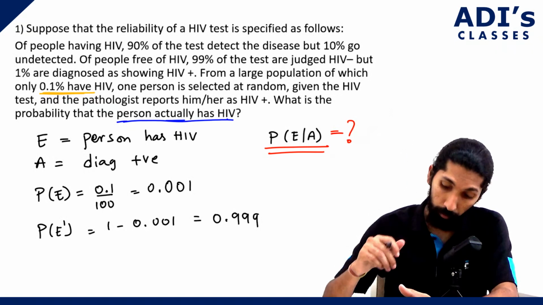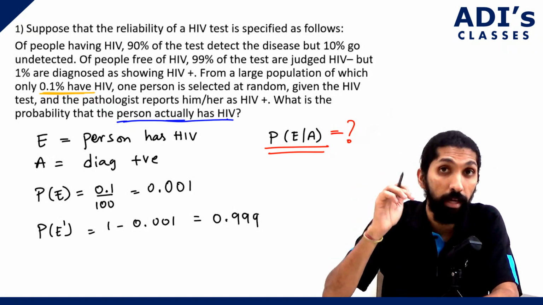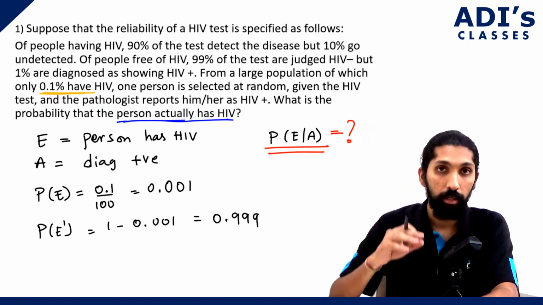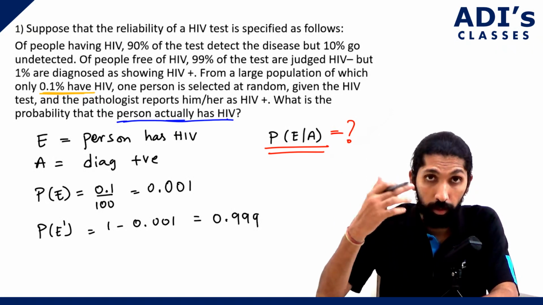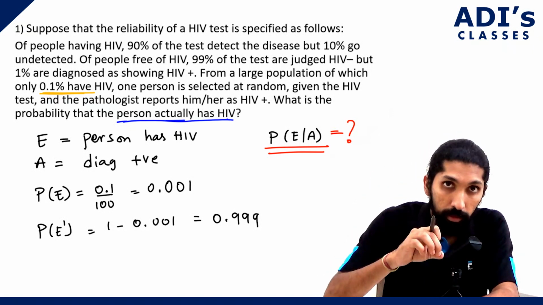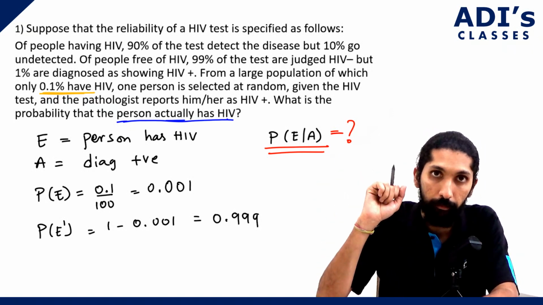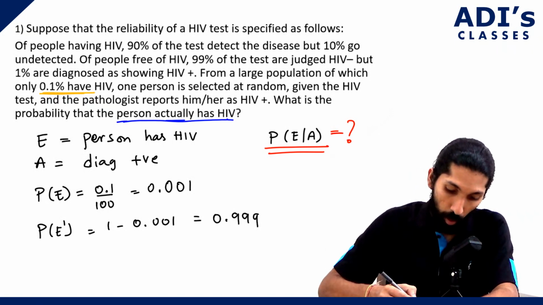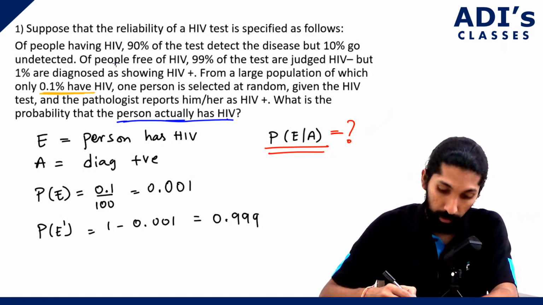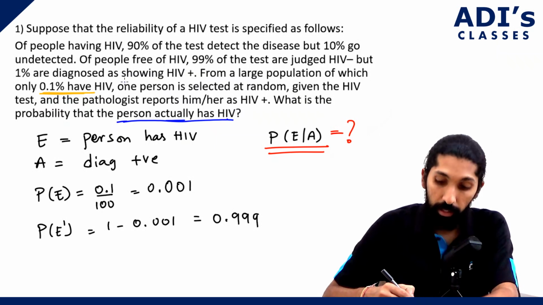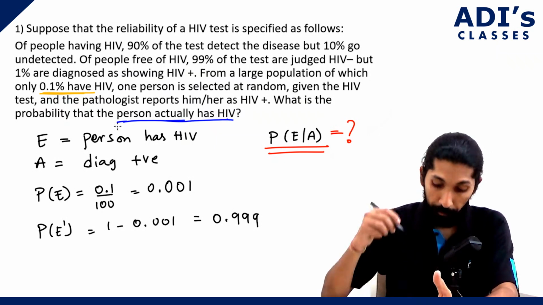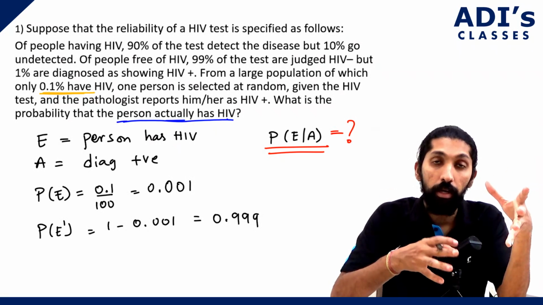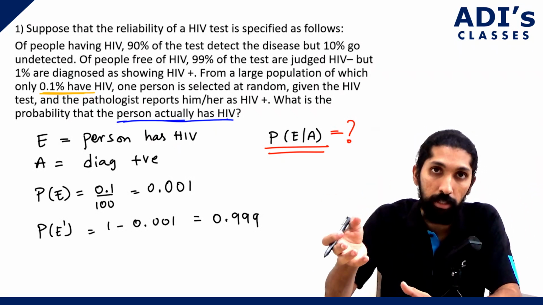Now we'll look at the second case, that is P of A given E. That means the probability that the test is going to give us positive given that the person has HIV. Look at the question again. It says, of the people having HIV, 90% of the tests detect the disease. That means the diagnosis is going to give us positive given that the person has HIV.